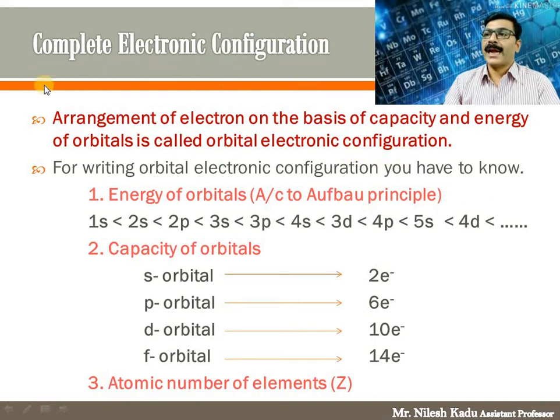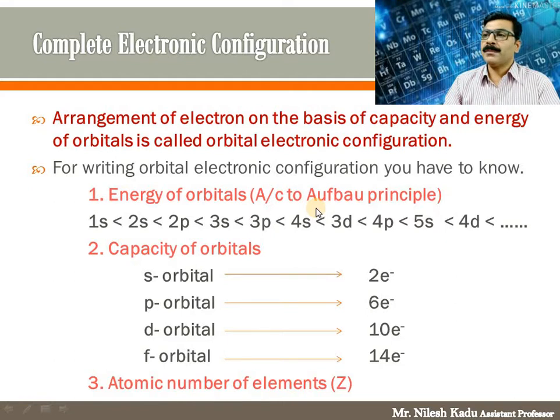But for writing orbital electronic configuration, you have to know three things. Now the first thing is you have to know the energy of orbital, and the energy of orbital will be found out on the basis of the Aufbau principle or n plus l rule.